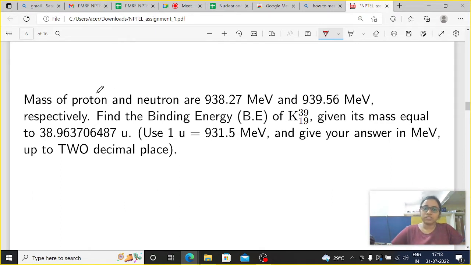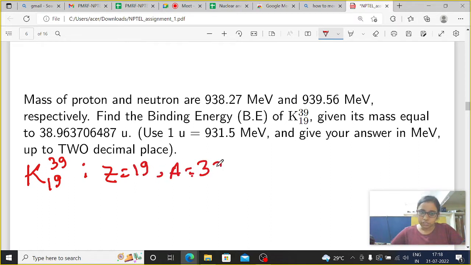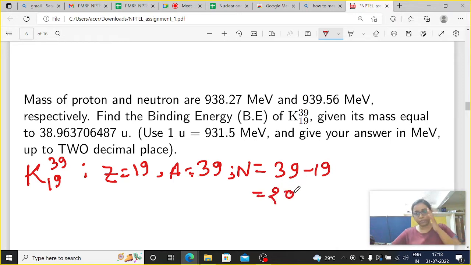Just like the previous two questions, I can write it like this. Potassium 19, 39 gives us Z equals 19, A equals 39, and N is 39 minus 19, which is 20.